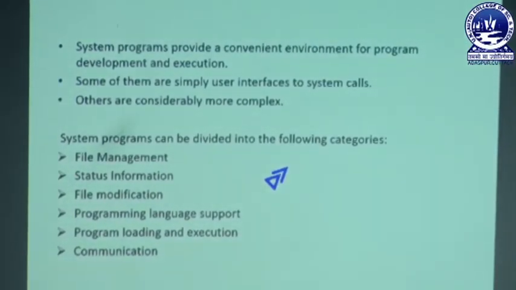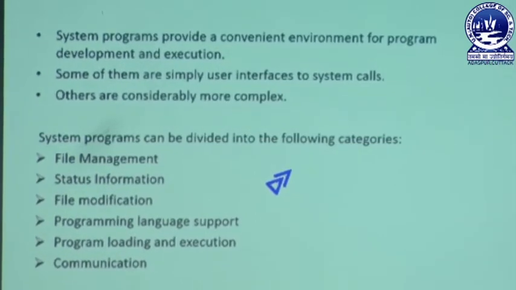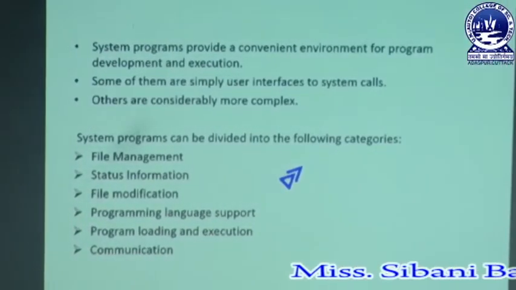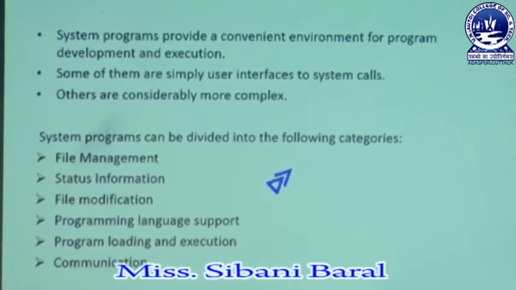So, we are going to categorize the system programs into various categories as per their work in our operating system. What are the various categories of system programs? Have a look. System programs can be divided into the following categories.